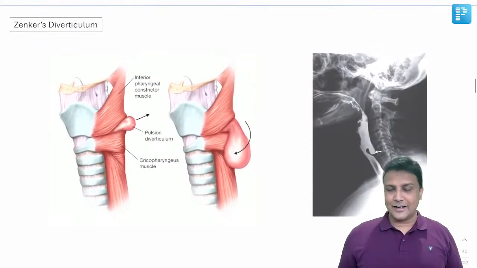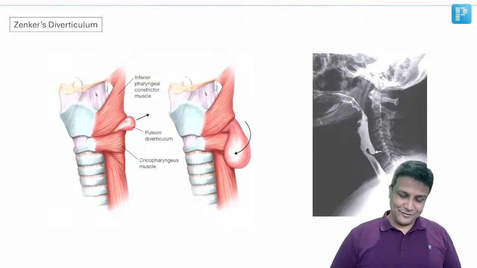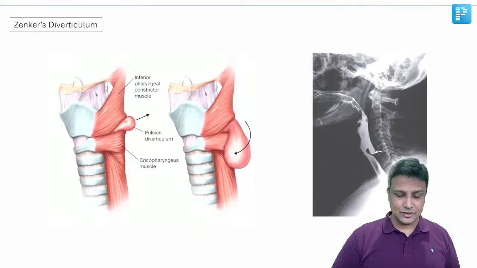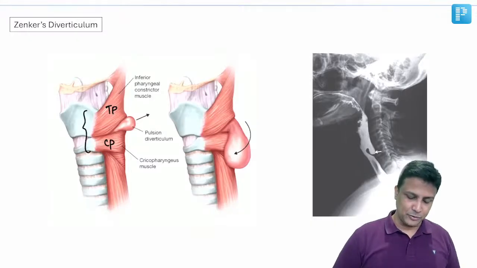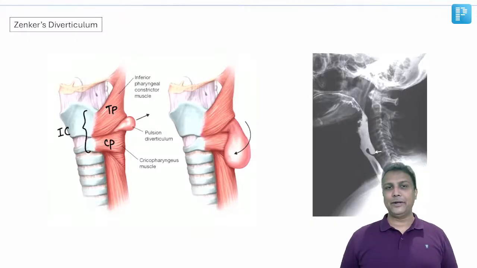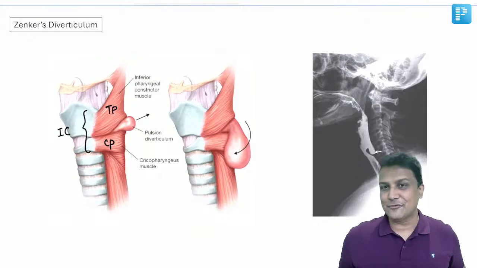Now, how can we forget the inferior constrictor muscle, sir? The inferior constrictor muscle is in turn made up of 2 muscles: from the thyroid cartilage to the pharyngeal raphe, the thyropharyngeus muscle, and from the cricoid cartilage to the pharyngeal raphe, the cricopharyngeus muscle. These 2 muscles together form your inferior constrictor. I repeat again, the inferior constrictor is formed by 2 muscles.